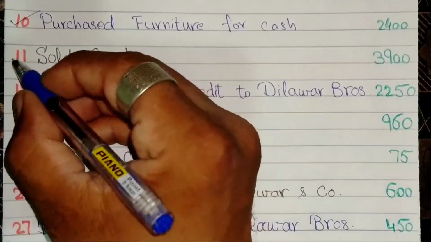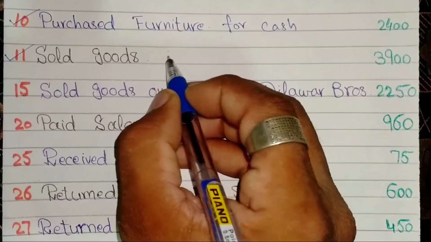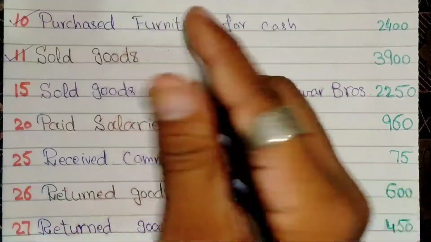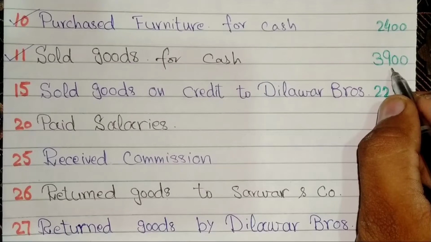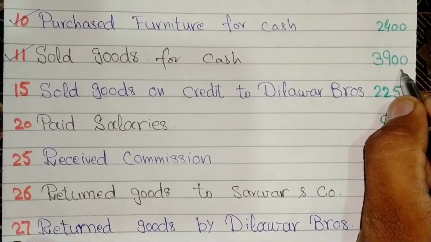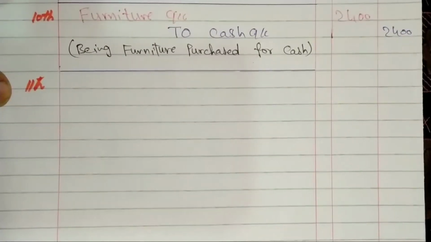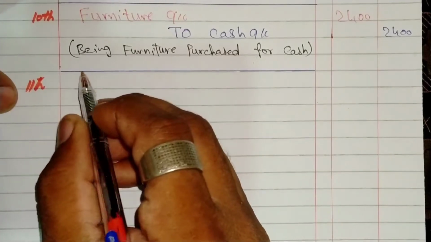Next is sold goods for cash amounted $3,900 on 11th February.